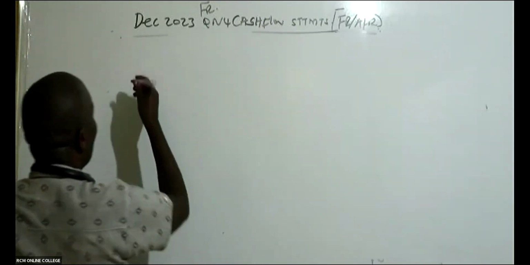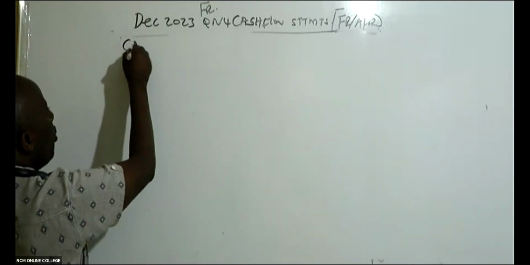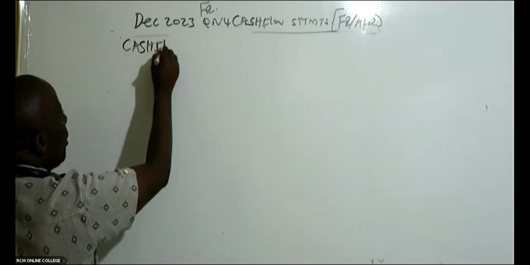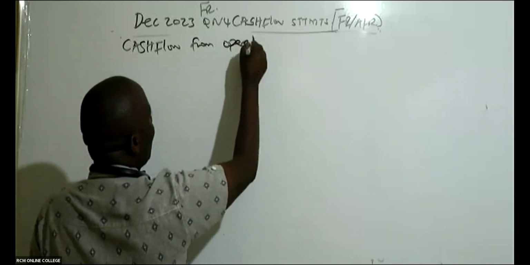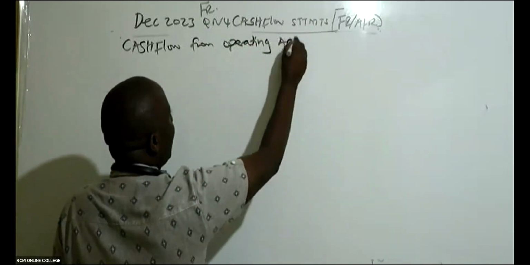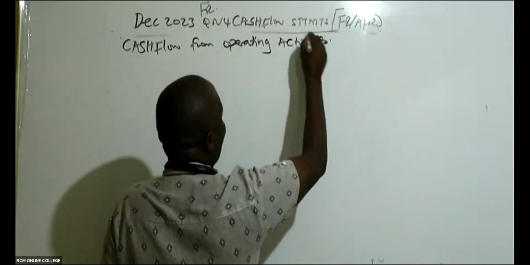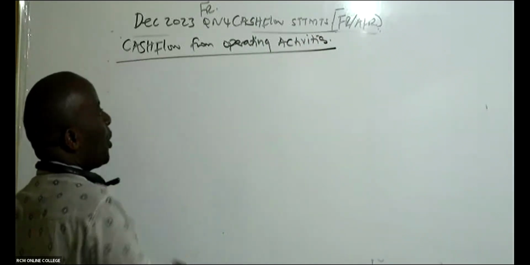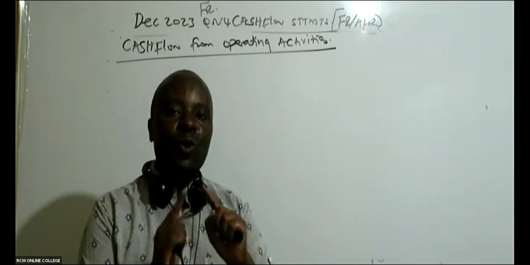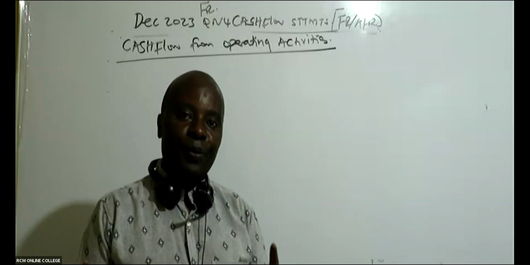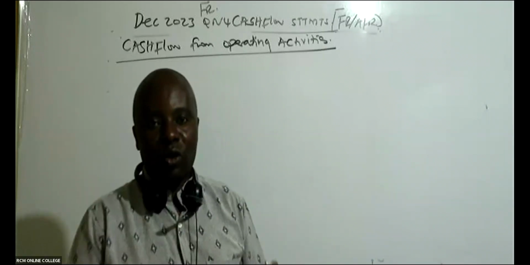The first section will be cash flow from operating activities. So we have 3 sources of our cash flows. We'll have cash flow coming from our day-to-day operations. We are selling, there's a cost of sales there.